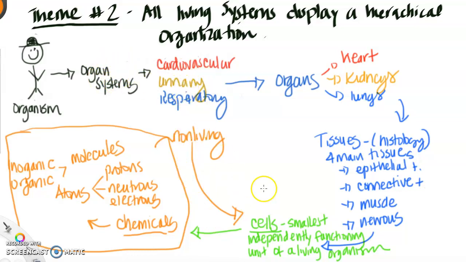This is basically how we're going to study this course. We're going to start with molecules. We're going to talk about chemistry, which may scare some of you, but it'll be okay. That'll be chapter 2, because here we are in chapter 1. Chapter 2 is chemistry, and then we'll talk about the cell. Chapter 3 talks specifically about the cell.